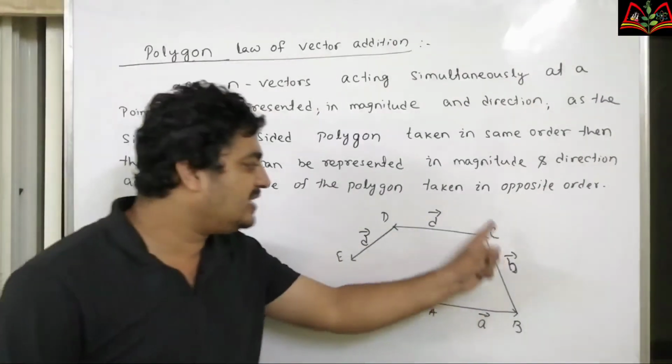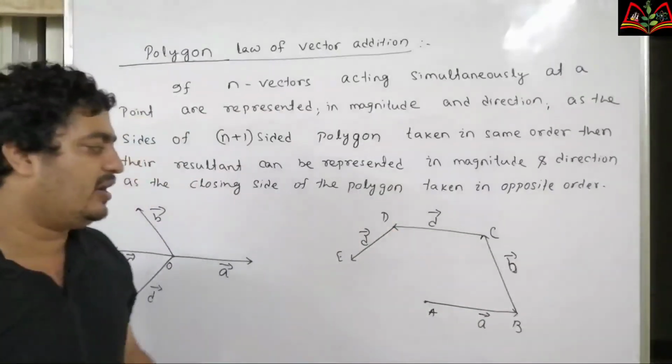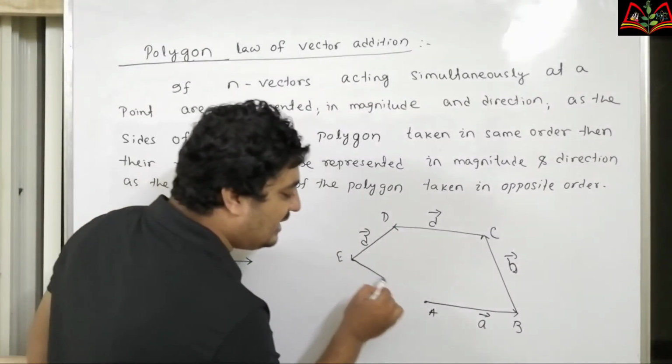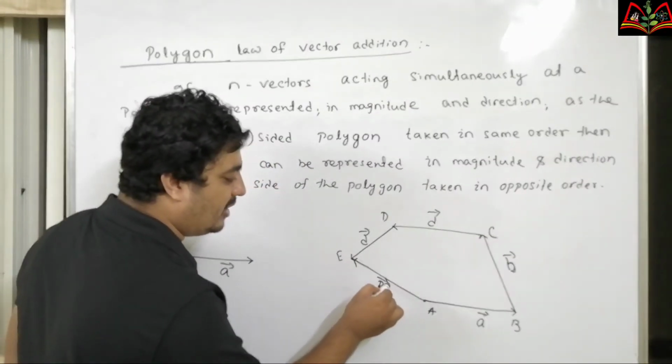Now, they are represented as the sides of an open polygon. Then the resultant is the closing side of the polygon taken in opposite order.